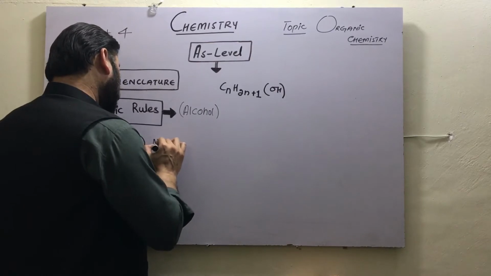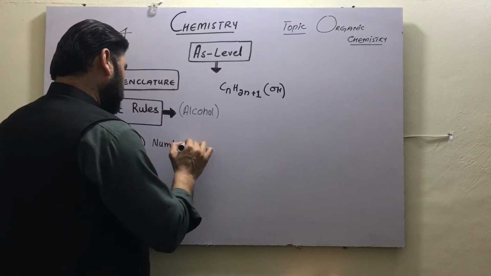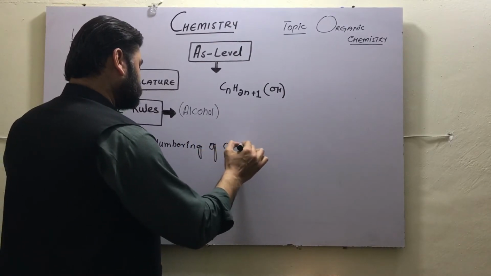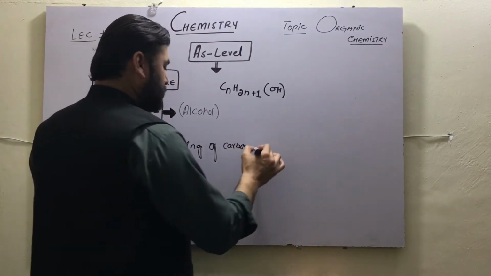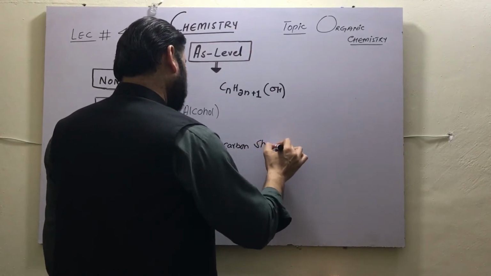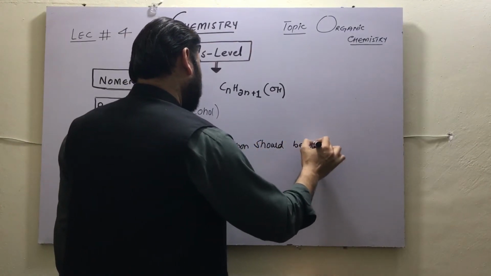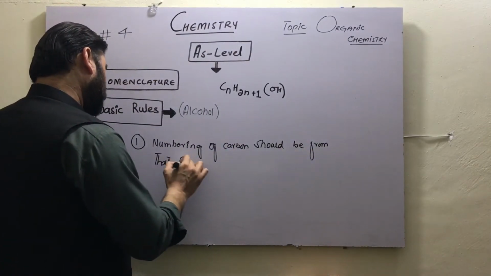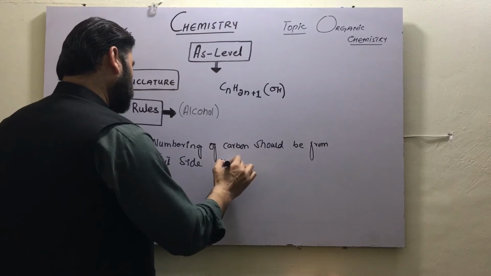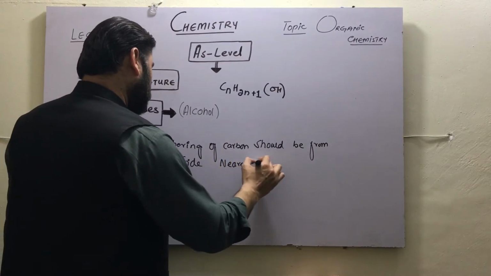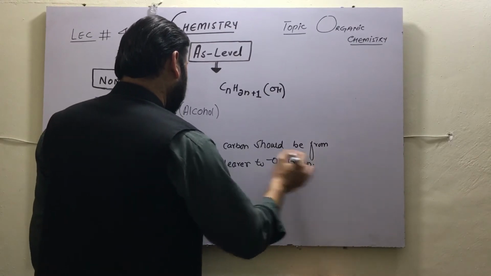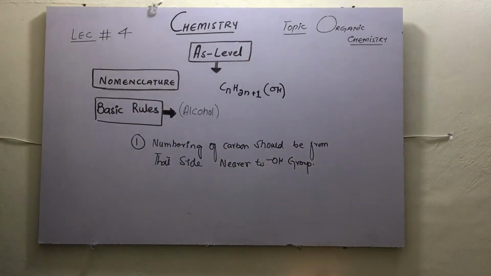Numbering of carbon should be from the side nearer to the OH group, and we can say the alcohol group. This is the rule which is very different from the rest of the rules.